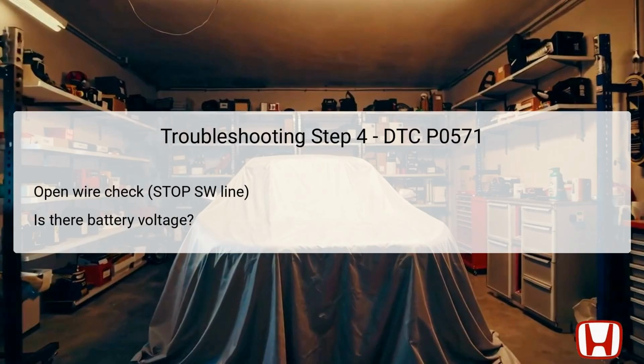If battery voltage is present, the stop SW wire is confirmed to be intact, which assures that part of the circuit is functioning properly. If voltage is absent, it indicates an open circuit between the brake pedal position switch and the PCM. Addressing this issue often requires inspecting the wiring thoroughly for any breaks or faults. Utilizing accurate measurements in this step is crucial to pinpointing circuit failures.